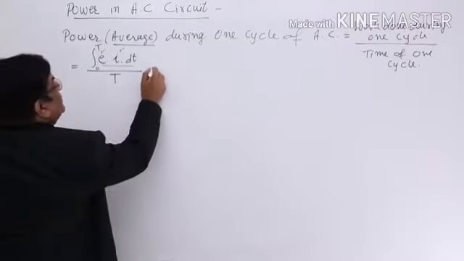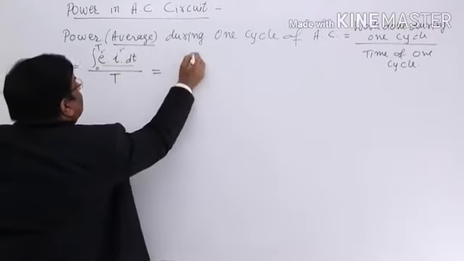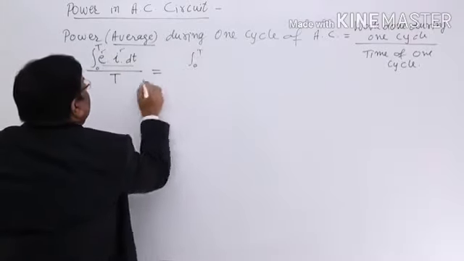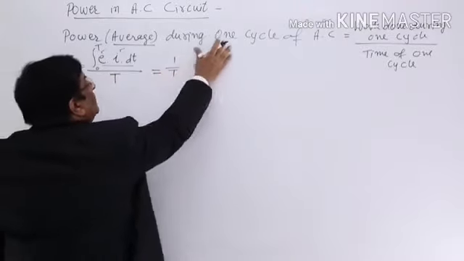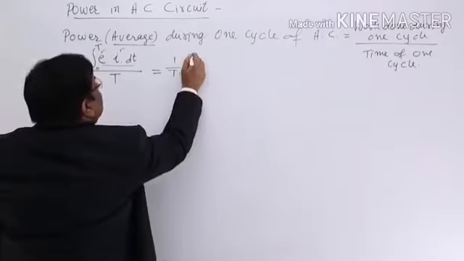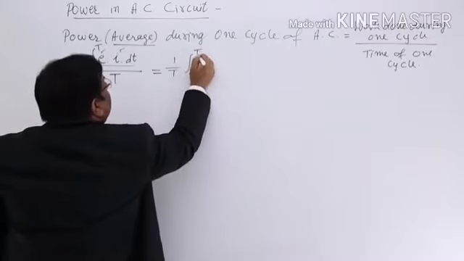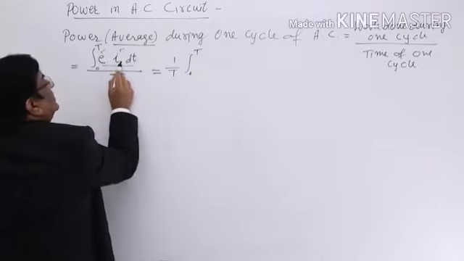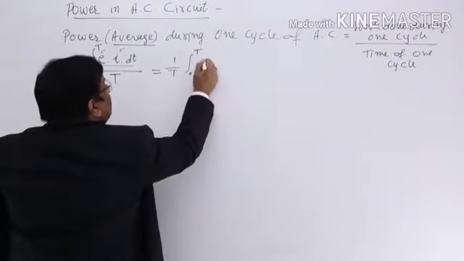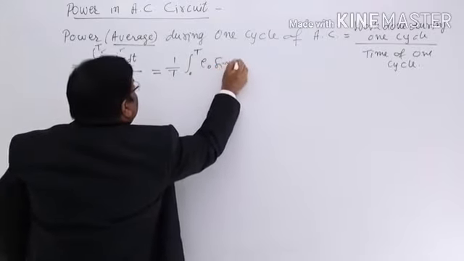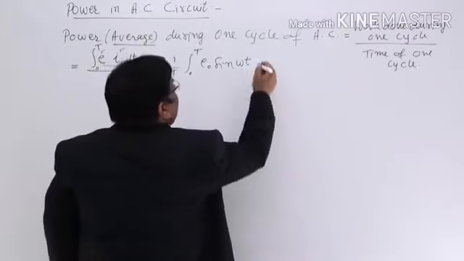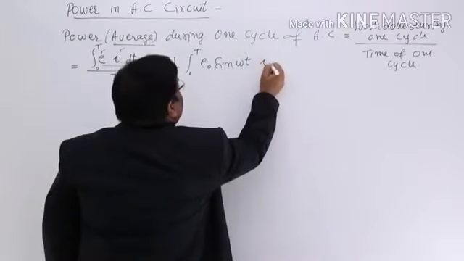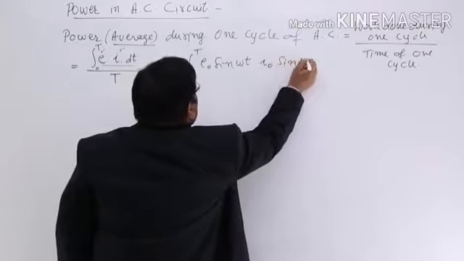And now we have to solve it. Integration from 0 to T, this 1 upon T I will write here, and this we will integrate: E into I into dt. E is equal to E naught sine omega t, and I is equal to I naught sine omega t.